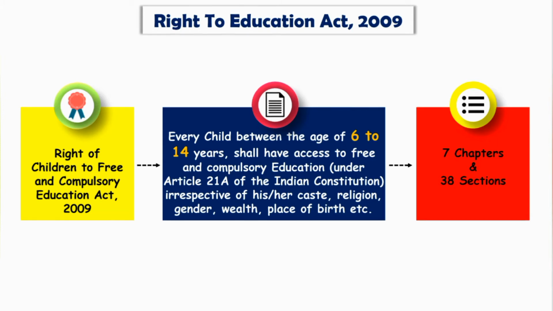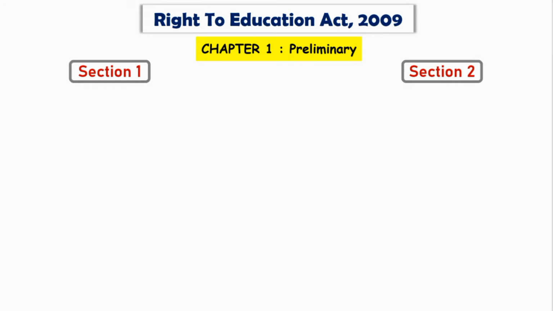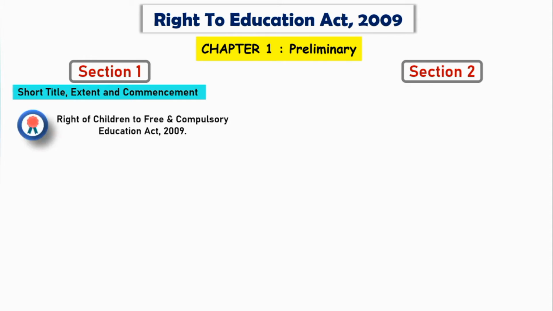So chapter 1 is about preliminary. This chapter contains 2 sections. Section 1 talks about short title, extent and commencement. Short title we have already discussed, that is Right of Children to Free and Compulsory Education Act 2009.